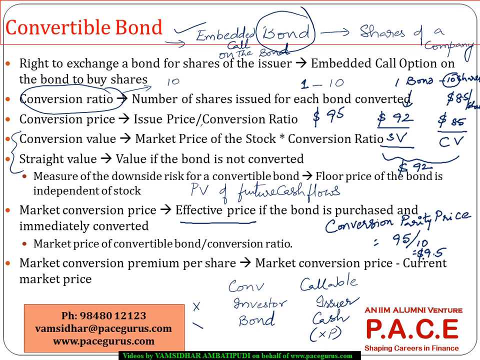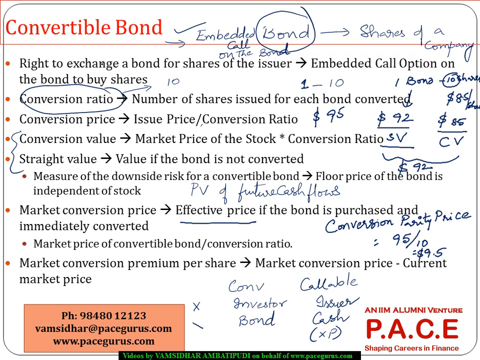So $9.5 is the market conversion price for the bond. The current market price of the convertible bond will definitely be greater than the maximum of the straight value and the conversion value. The market conversion premium is the market conversion price minus the current share price.